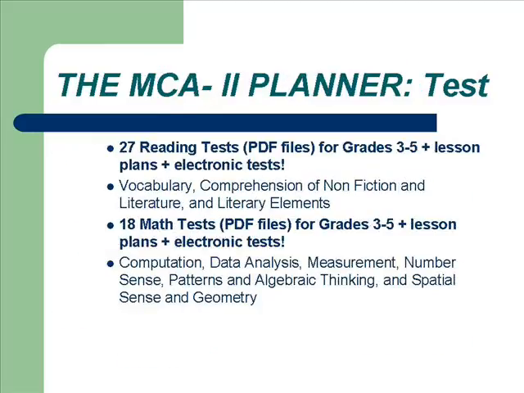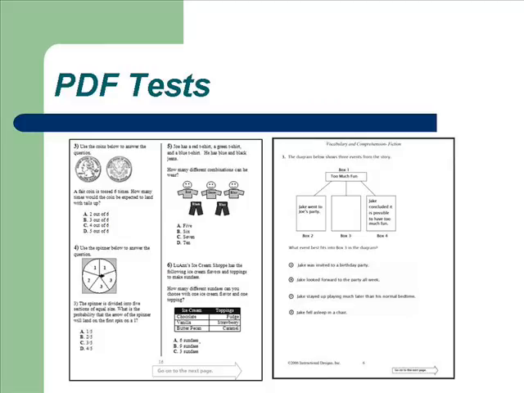So again, there's many tests. The tests come in PDF files. There's also electronic tests that can be taken online to find out where the students are at. The PDF tests are things that the teacher can print off as many as they want, to figure out how students are doing on the MCA concepts.